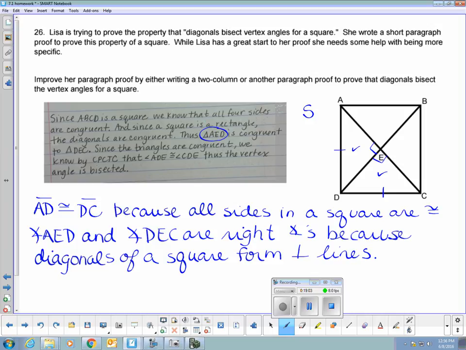So we listed a pair of sides that are congruent. Now we have a pair of angles that are congruent.